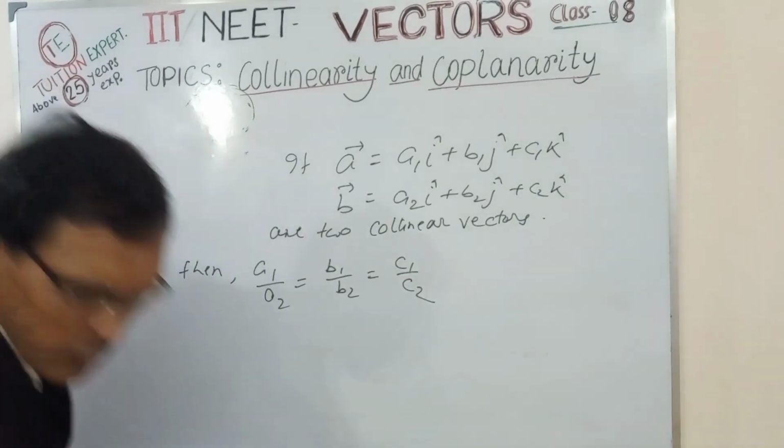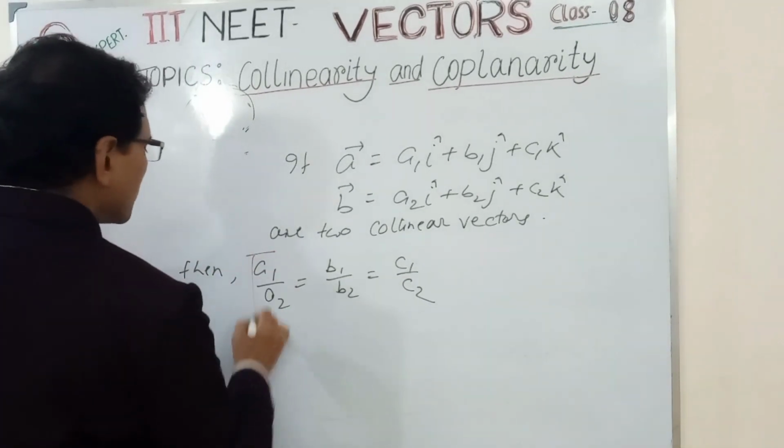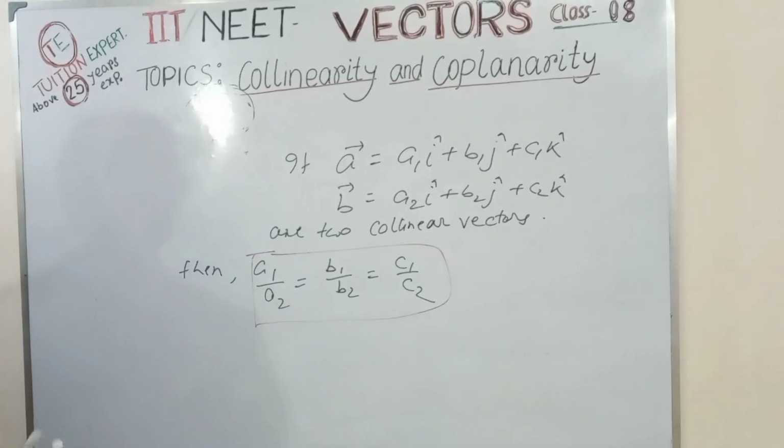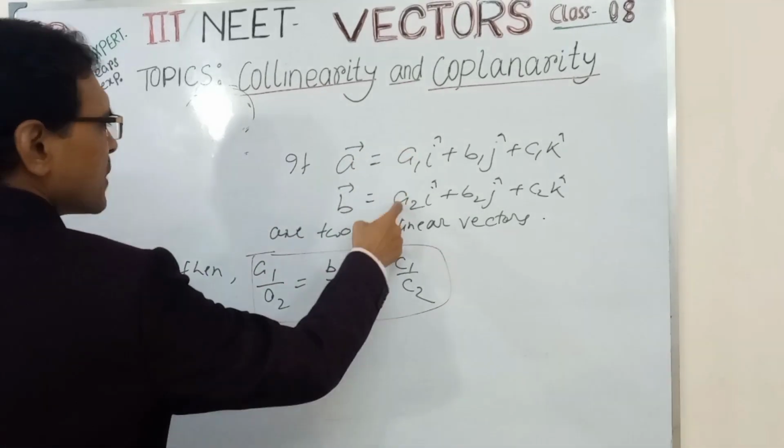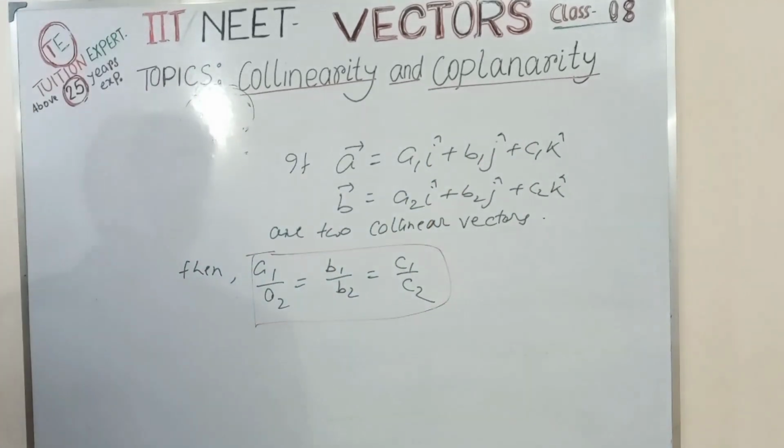So this is an important formula for solving problems. If two vectors are collinear, then this by this equals this by this equals this by this.